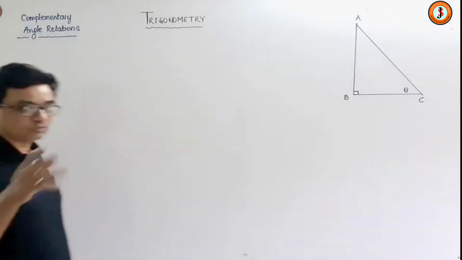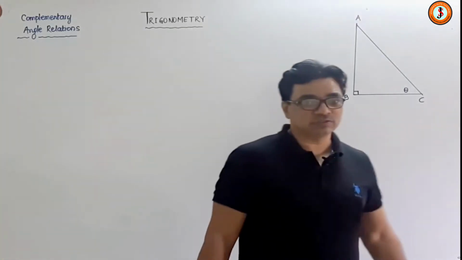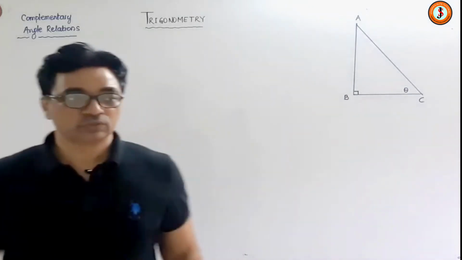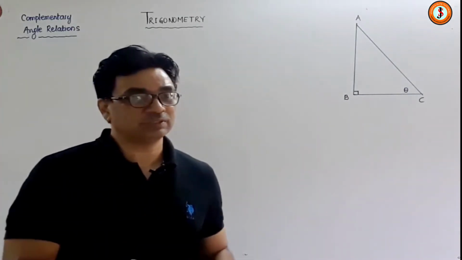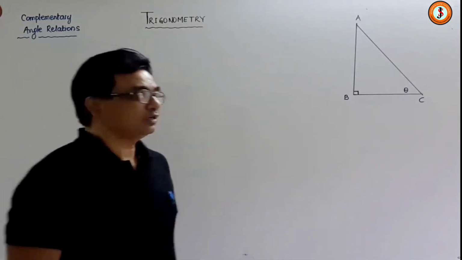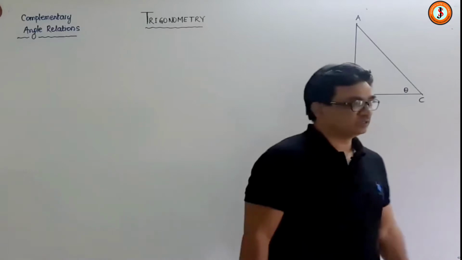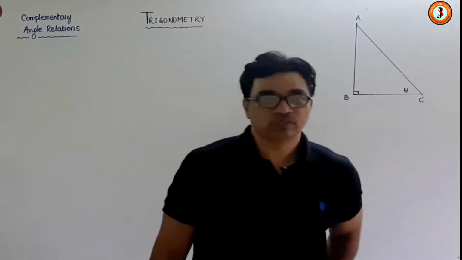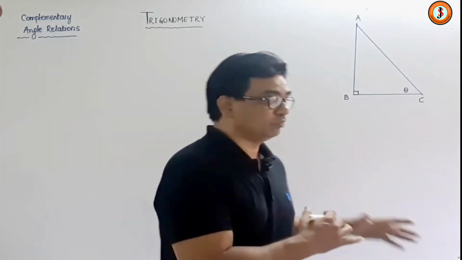Sine 30 is equal to 1 by 2, and cos 60 is also equal to 1 by 2. So how does this happen? 60 plus 30 is 90, so there must be some relation. If I tell you tan 30 is 1 by root 3, then cot 60 is 1 by root 3. How does it happen? We'll come to know here.